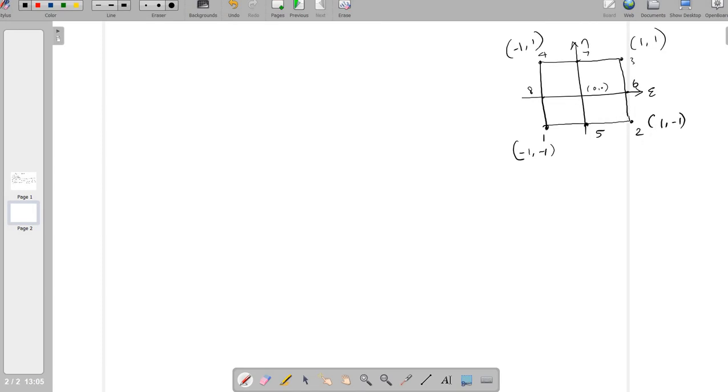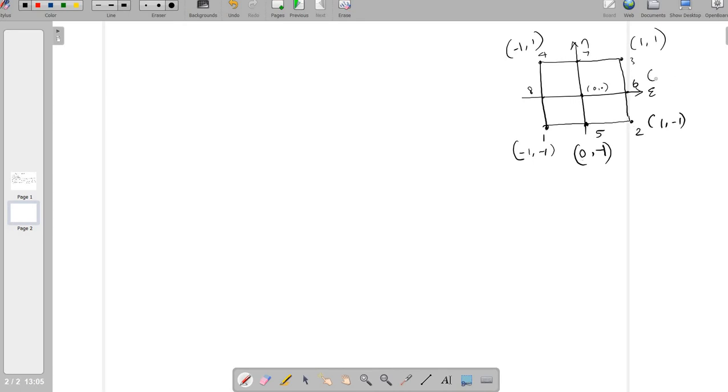And if you consider the intermediate of nodes 1 and 2, the 5th node, it is at negative coordinate of eta and 0th coordinate of epsilon. Here it is the 0th line of epsilon. So 0, -1.